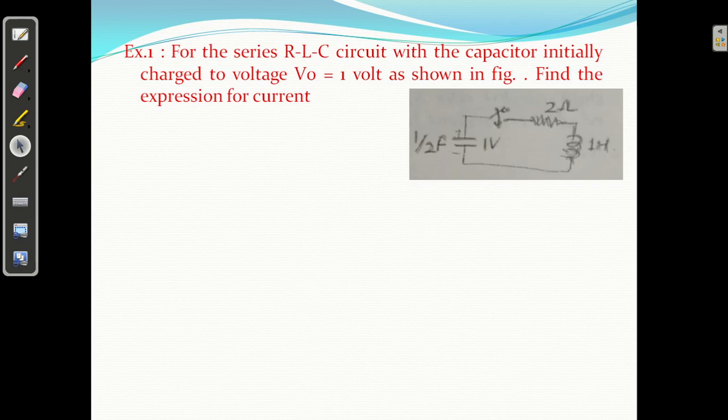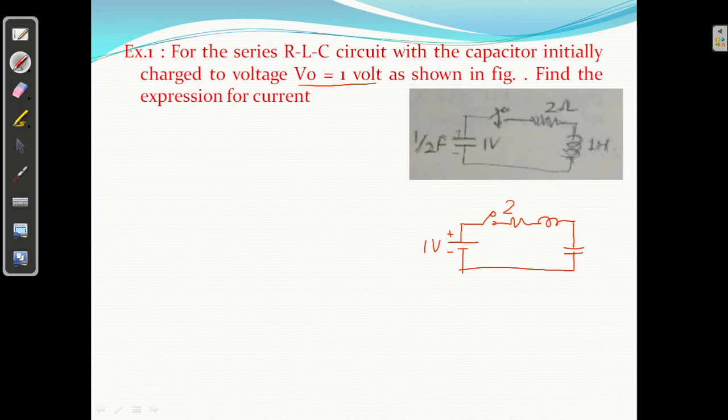This is the first numerical we have: a series RLC circuit with the capacitor initially charged to 1 volt as shown in the figure. Find the expression for the current. Instead of the capacitor being already charged to 1 volt, I am going to show a 1 volt source here.